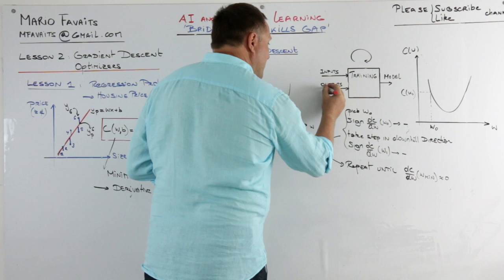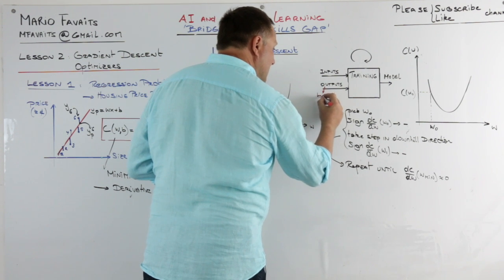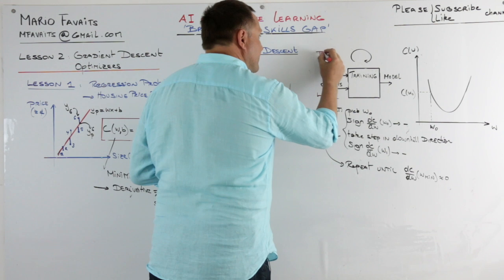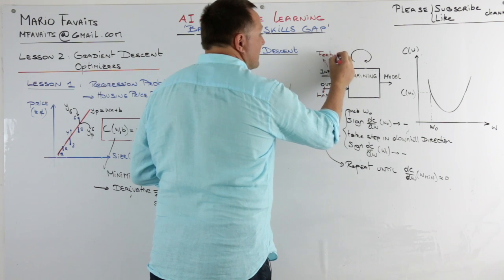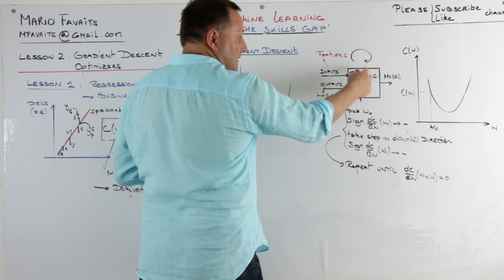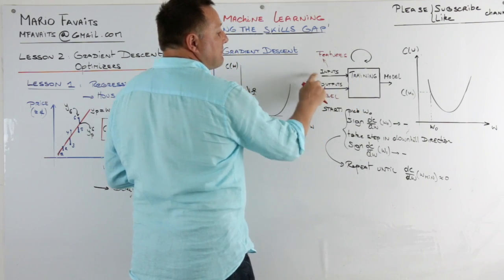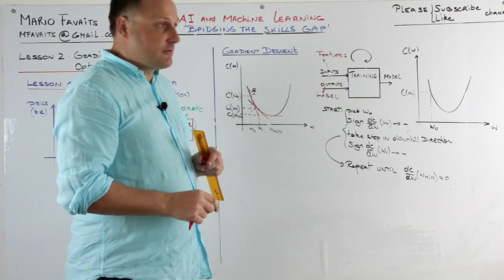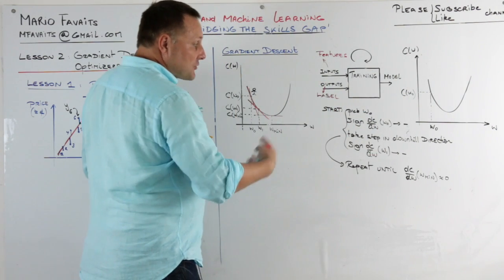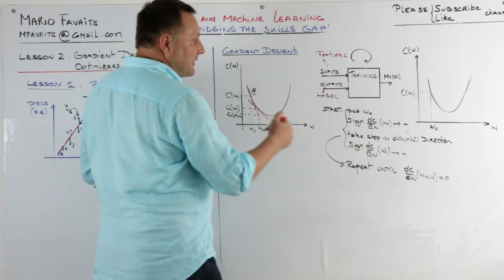The outputs also called the label. Inputs called features. Yeah, and the computer is training and finding the model that best maps inputs to outputs, and so the outcome is the model.